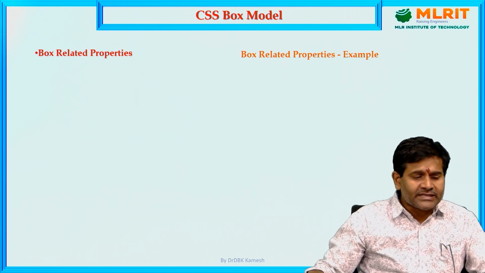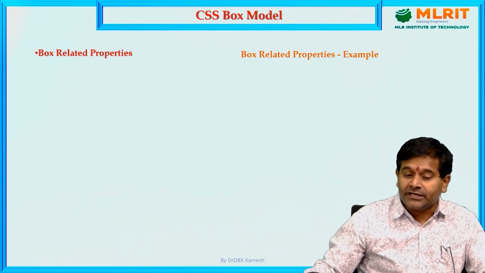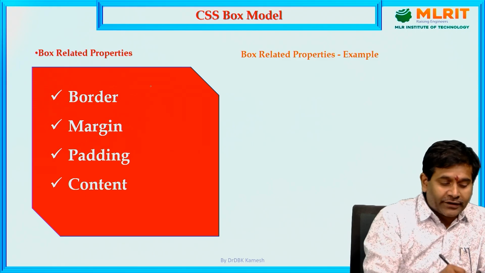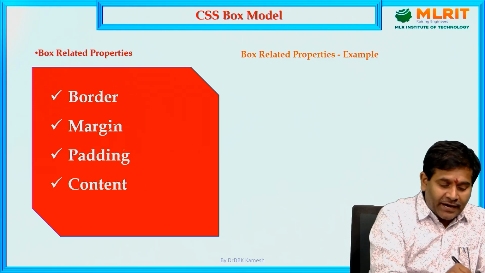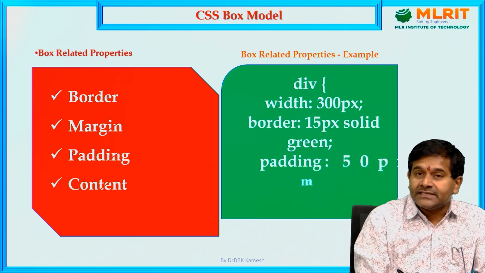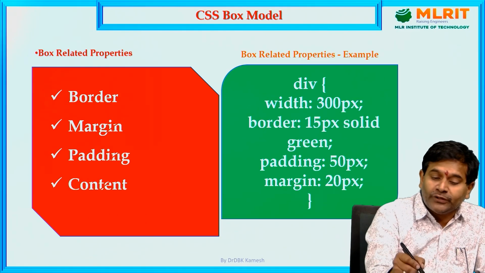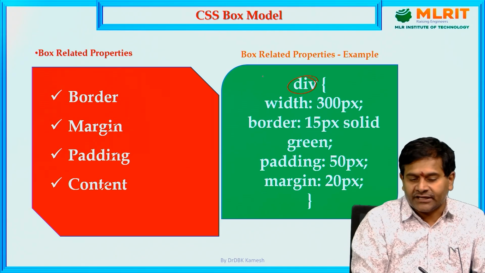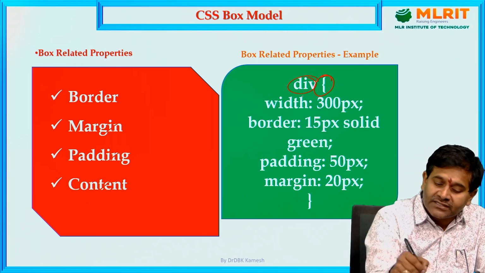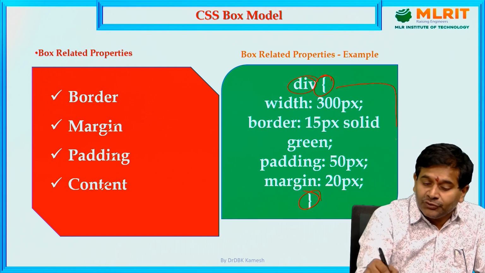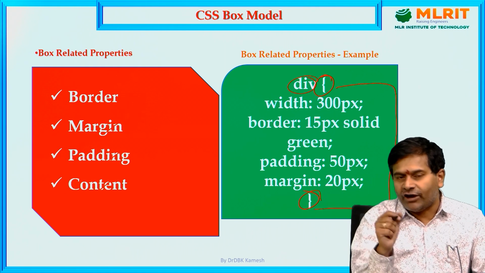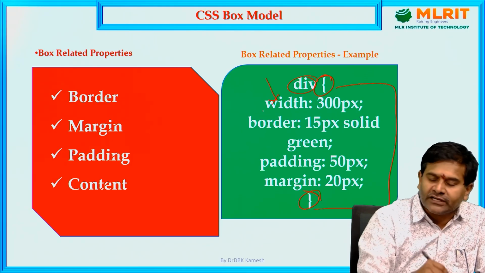These are the box related properties and a box related property example. First you need to write the border, margins, then padding, then content. See here how to write this in the related example. You need to write a division selector. Inside it, we use curly braces start and curly braces end. In between, you need to write what kind of property and what kind of value. Here width is one kind of property.